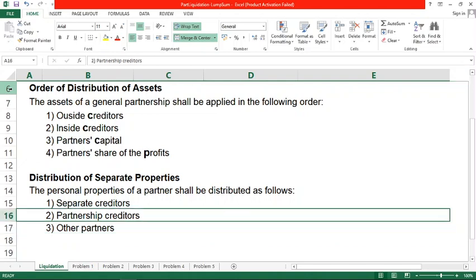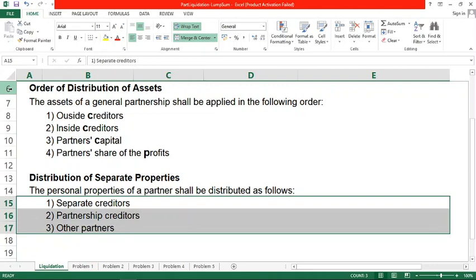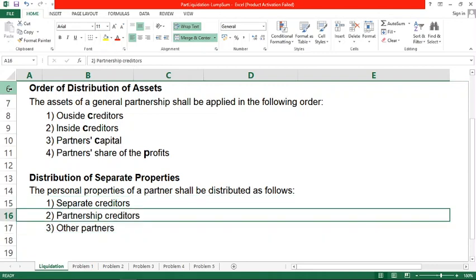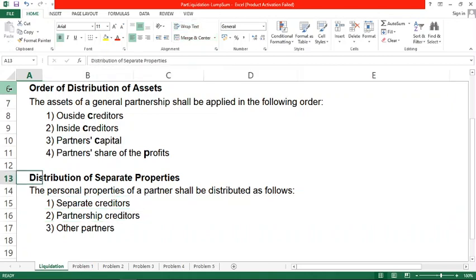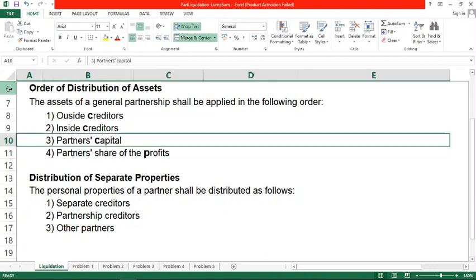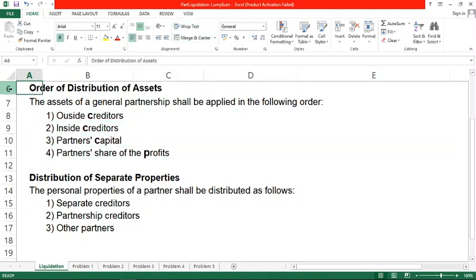So again, this is in the order of priority. Unahon nako akong mga personal na creditors, saka nako bayaran ang creditors sa partnership. So this is in relation to my separate property. So, lahi siya sa property sa partnership itself, kay kani ang priority. But if my personal properties are involved, kani pod ang priority.